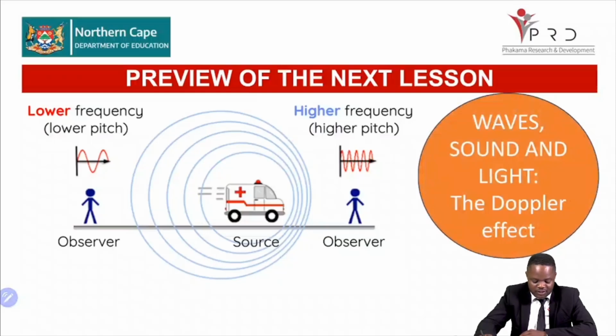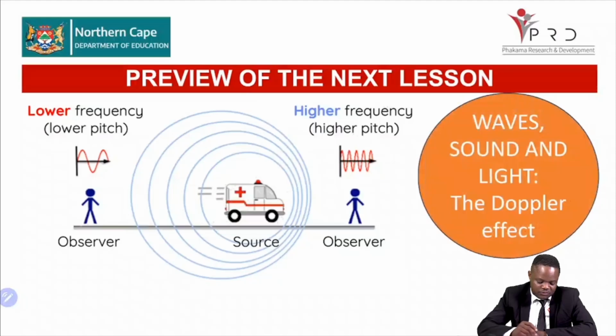You can see that we have a source there, which is an ambulance, emitting sound of a particular frequency. But because it is moving, the observer is going to hear a higher pitch because of a decrease in the wavelength of the emitted waves. The decrease in wavelength implies a higher frequency.